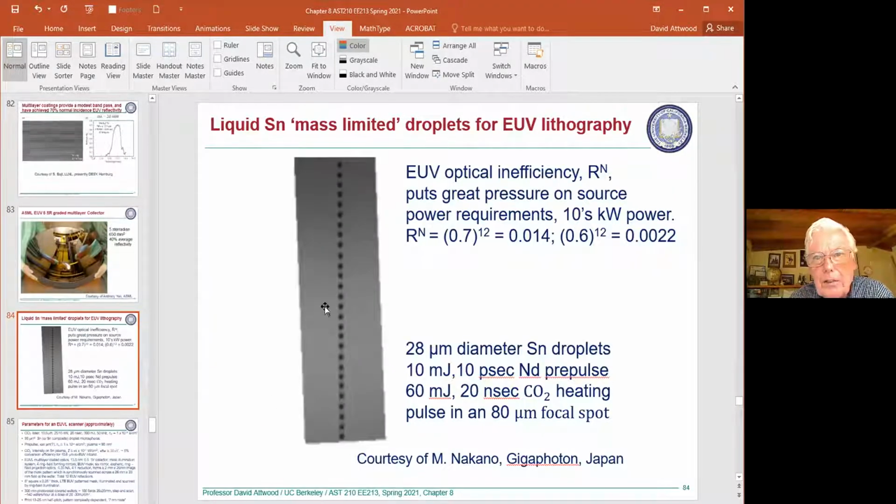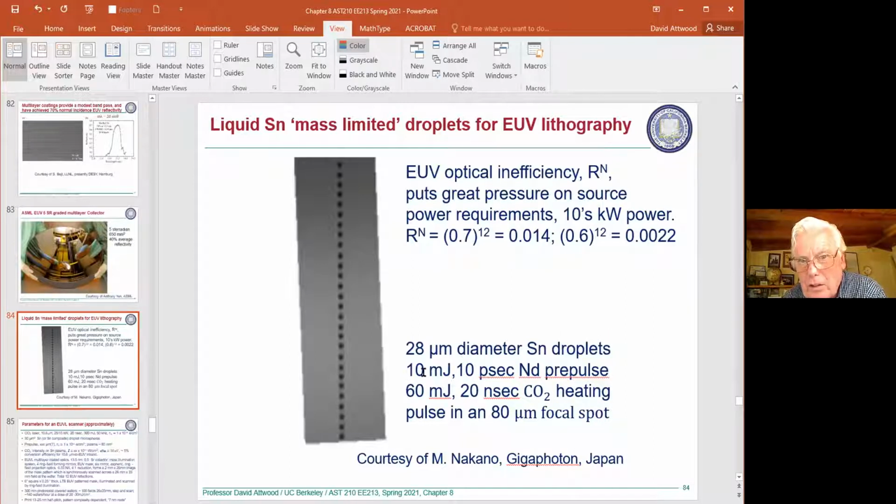So here are the droplets. This is from Japan, from the company Gigaphoton. It's a competing company. It's not winning the competition, but it's been there. It does a great job. And this is showing some of the droplets. These are tin droplets coming down. It says here 28 microns in diameter.